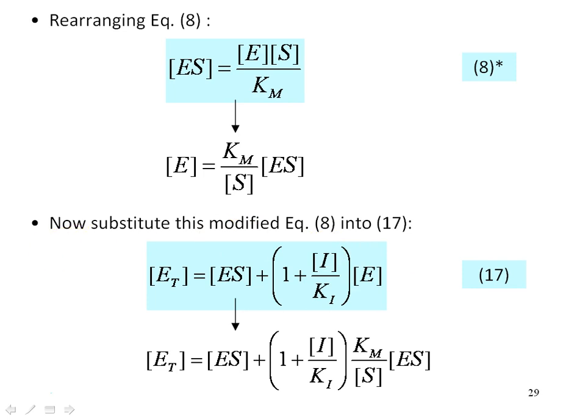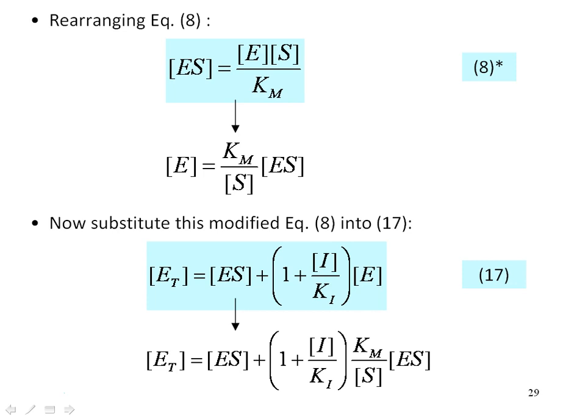From last time, we know already that the enzyme substrate concentration can be written in terms of the free enzyme concentration times the substrate concentration over the Michaelis constant, which can be rearranged in this way. So I have E equal to Km over S times ES.